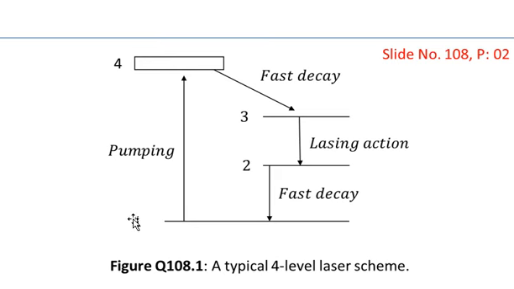But ultimately, those levels should decay very fast to level number 3, because we want to have the population inversion in level number 3 with respect to level number 2. We want a lasing action between these two levels because our required frequency lies between level number 3 and level number 2. That is the resonance frequency, or the frequency at the output of the laser beam.